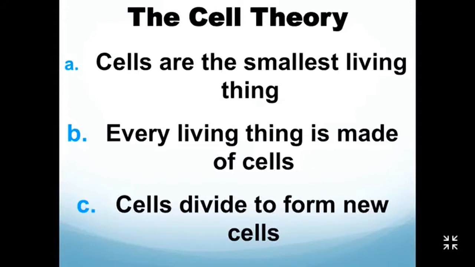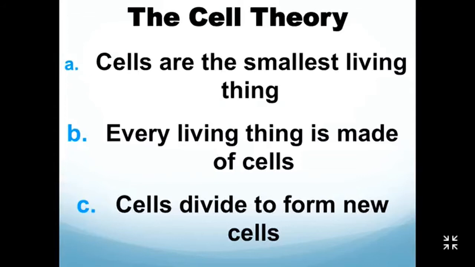And because of that, they came up with the development of the cell theory during 1839 by Theodor Schwann and Matthias Jakob Schleiden. They said that cells are the smallest living things because they are microscopic. We cannot see them with the naked eye. We have to use a microscope to be able to see them.